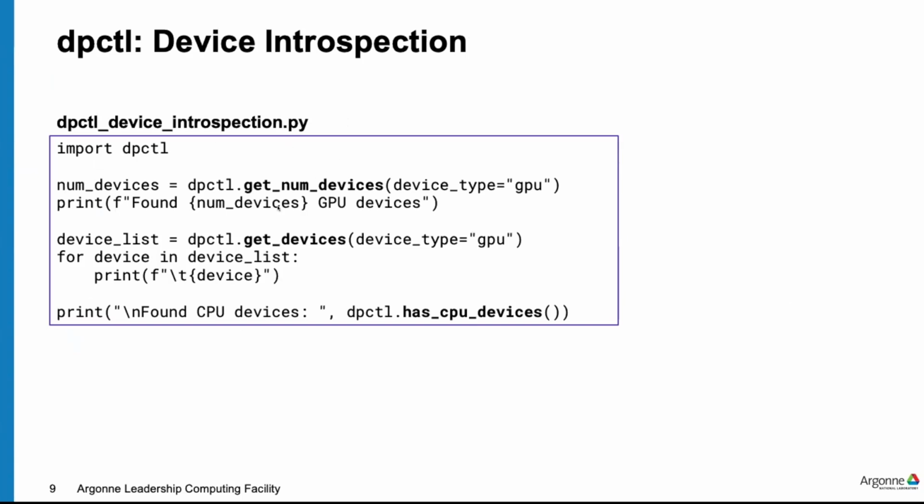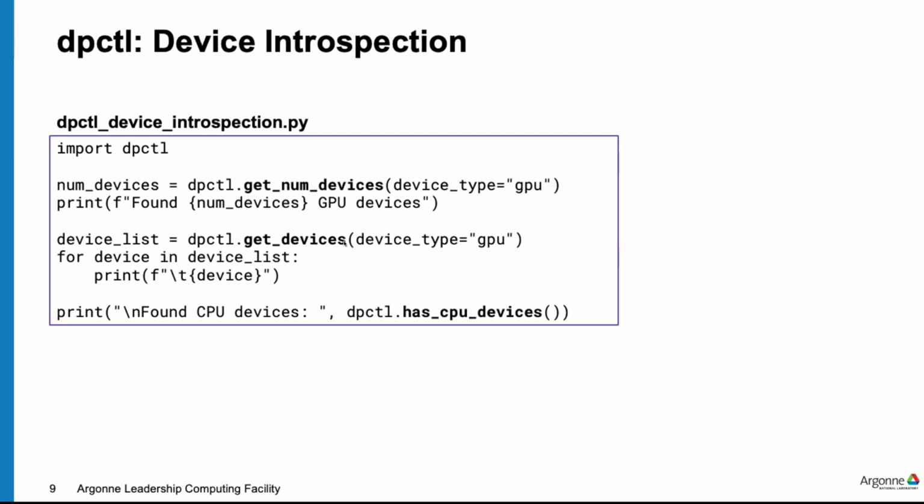So we wanted to go through a couple key examples just to show users how you might do some basic device introspection or node introspection. So here is that simple example. You would import dpctl, and then, for example, you can get the number of available devices by filtering with a specific type of device. In this case, we filter by GPU.